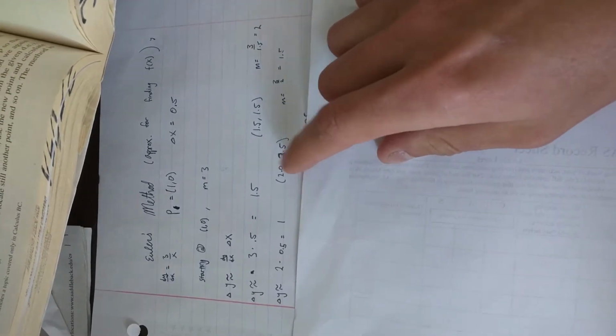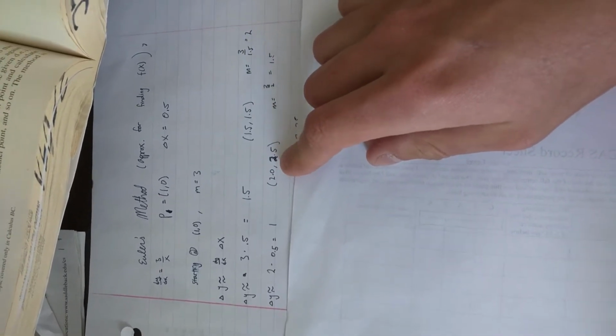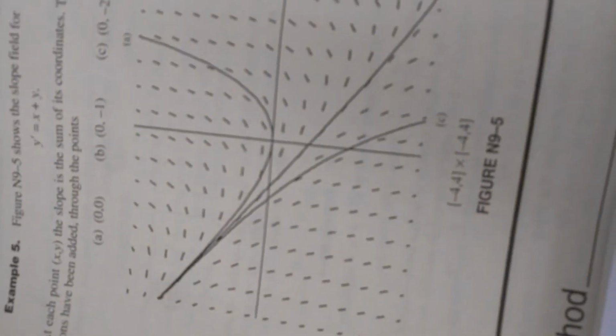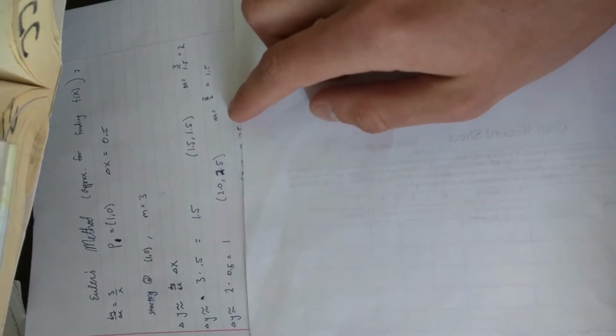Now we find the slope of this point. And remember, it's a slope field graph, so something like this. So each point has a different slope. And then I said the m is just dy over dx, so 3 over x, 3 over 2, 1.5. So we know that the slope is 1.5.